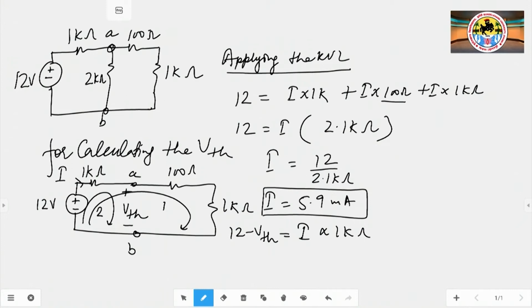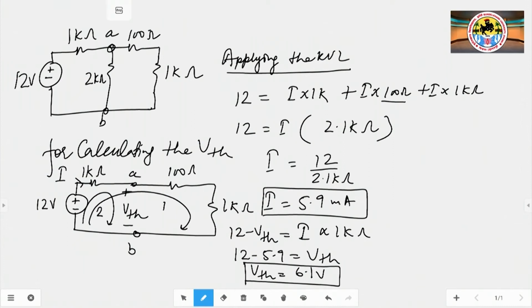It is 12 minus 5.9 equals VTH. So, VTH equals around 6.1 volt. So, this is the method where we find the Thevenin voltage VTH using this procedure.